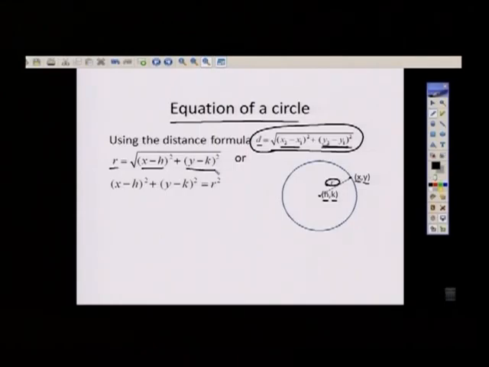Or, if you square both sides of this equation, you get x minus h squared plus y minus k squared equals r squared, where (h, k) is the center of your circle and r is your radius.